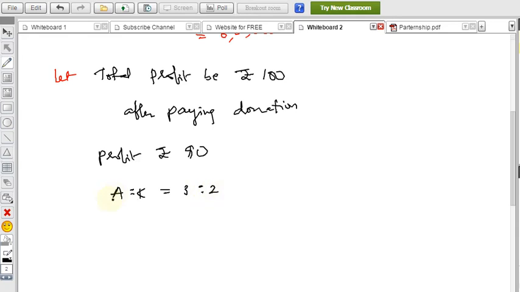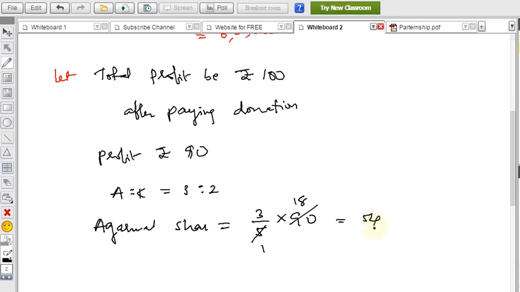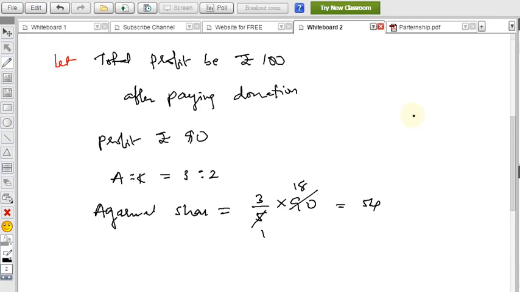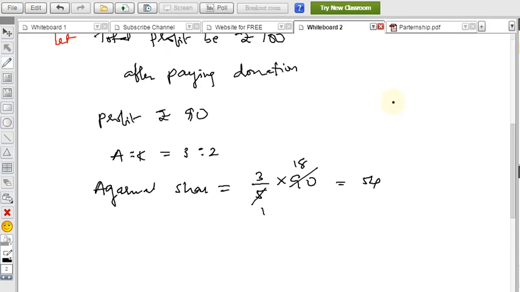If you want Agarwal's share according to rupees 100, it is 3 by 5 into 90. 5 into 18 again, 3 into 18 is 54. So for every 90 rupees he got 54.